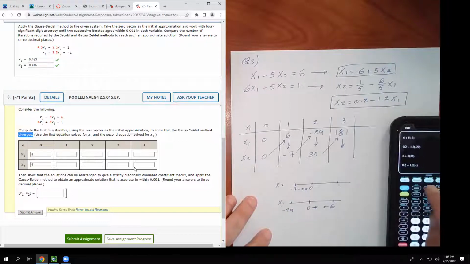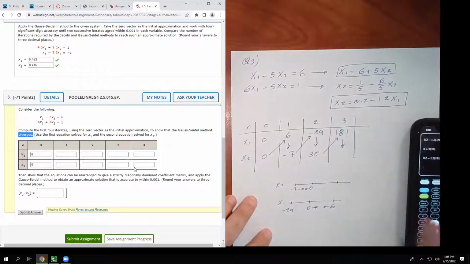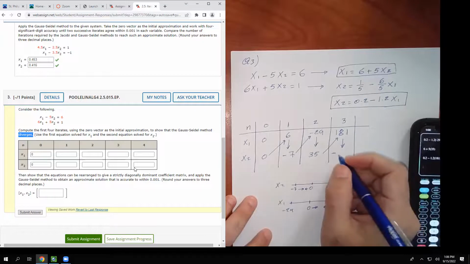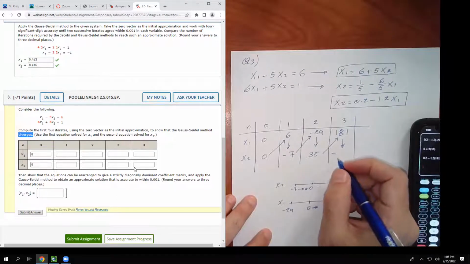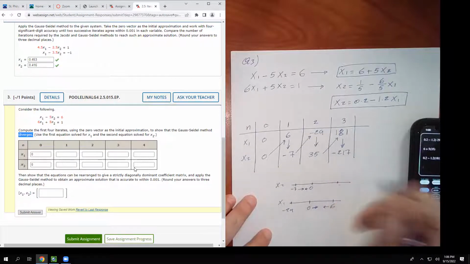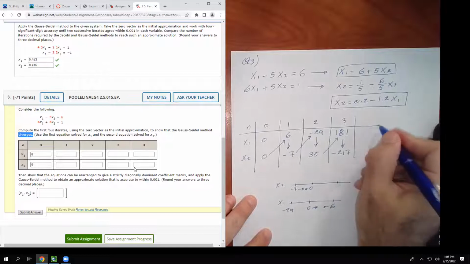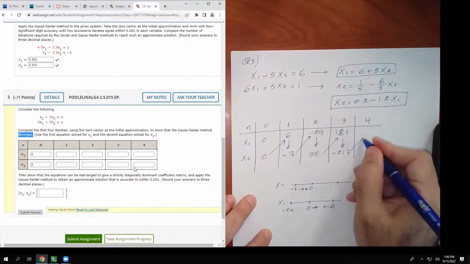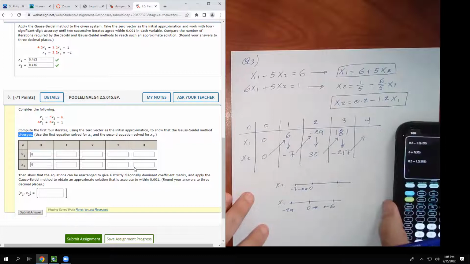So this one is going to be 181 to be negative 217. Negative 217.